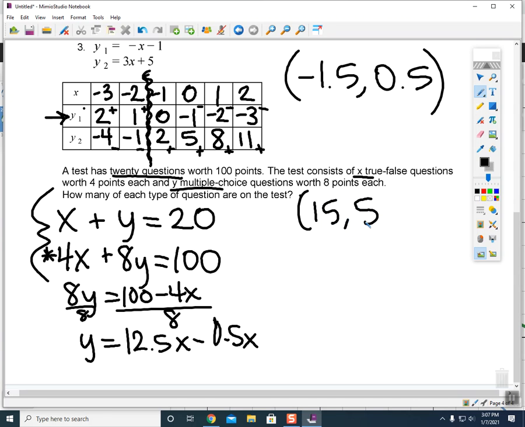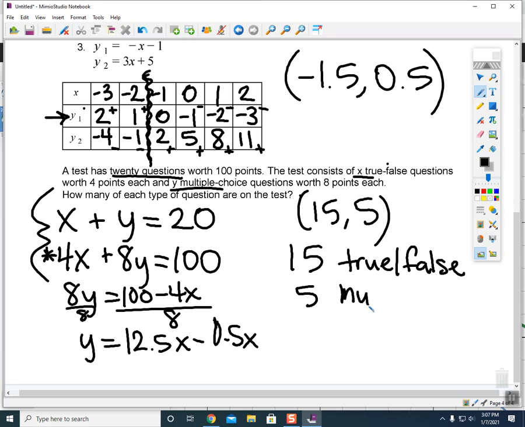But what is the question asking me? The question is asking me how many of each type of question are on the test. Well, my x values represent the true-false questions. So what this means is that there are 15 true-false, and then there are 5 multiple choice.